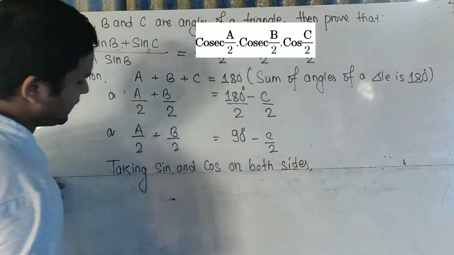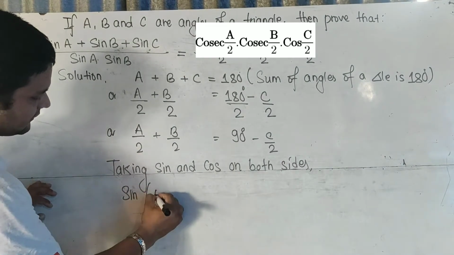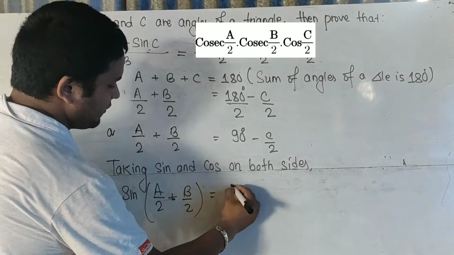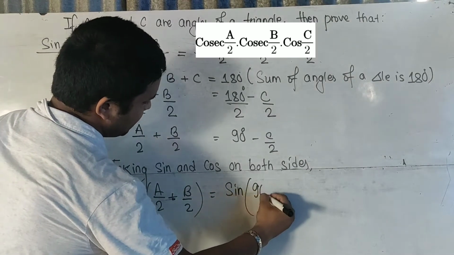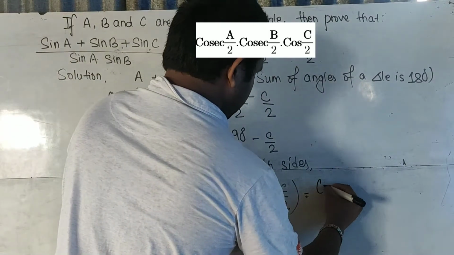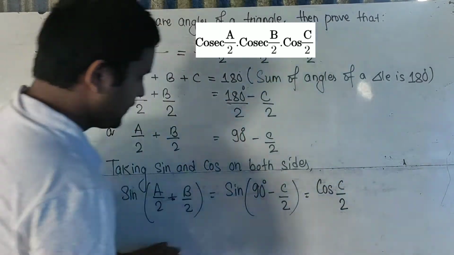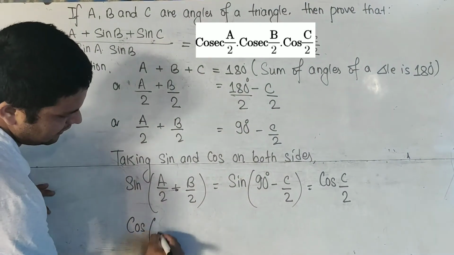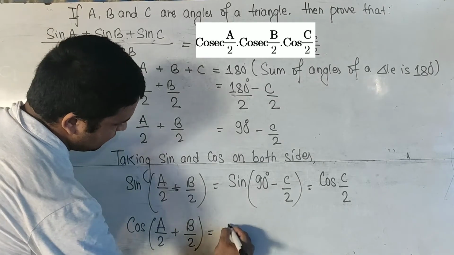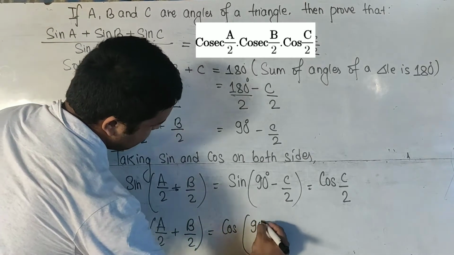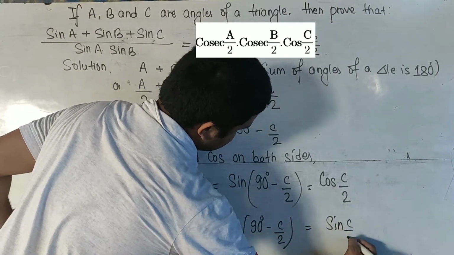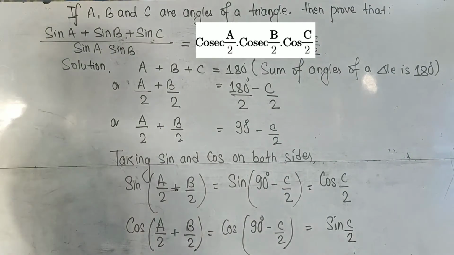When you take sine on both sides, you will have sin(A/2 + B/2) = sin(90 degrees minus C/2), and we know that sin(90 minus C/2) is cos(C/2). In a similar way, if you take cos on both sides, then you have cos(A/2 + B/2) = cos(90 minus C/2) = sin(C/2). So you have to know these things. So this is the first step.